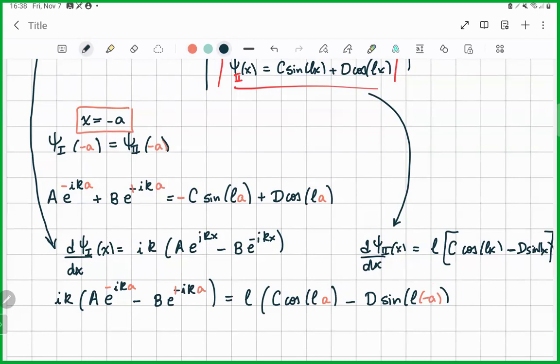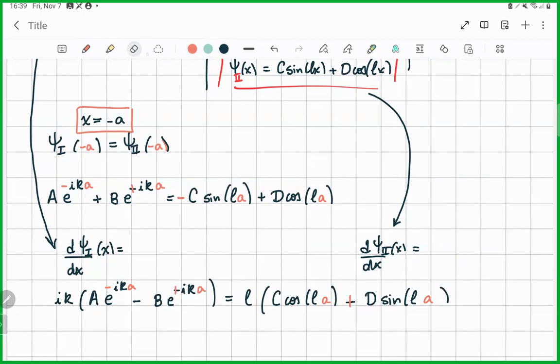So this minus here we can remove, and this becomes plus. Very good. So what we did was to write the derivative of the function psi 1 at minus A equal to the derivative of function 2 at minus A. Very good, so now we are done.